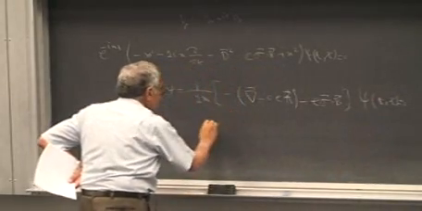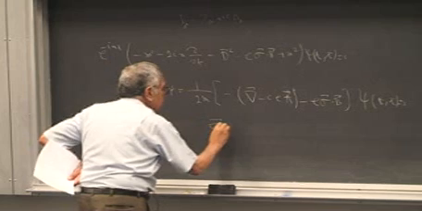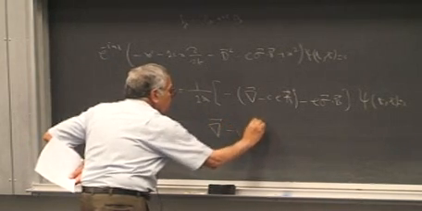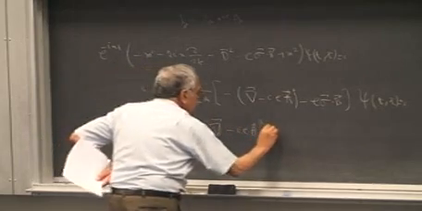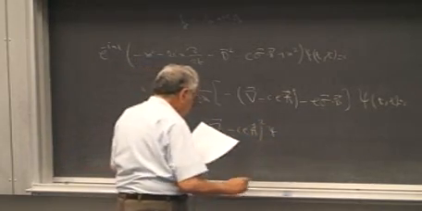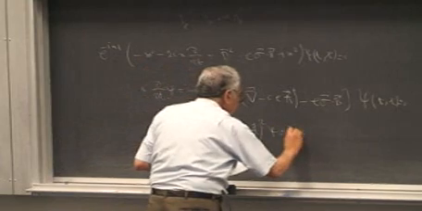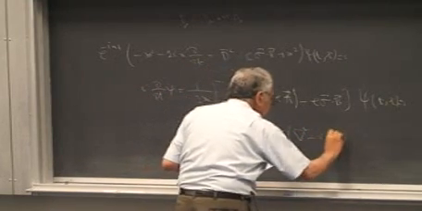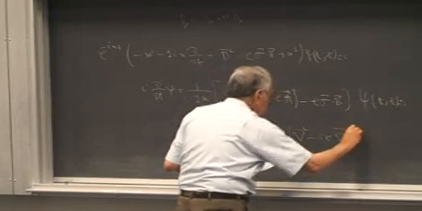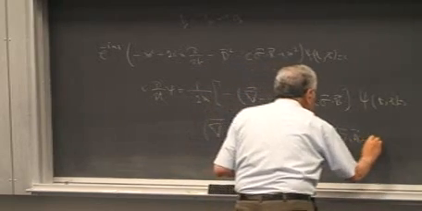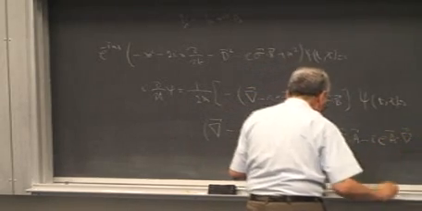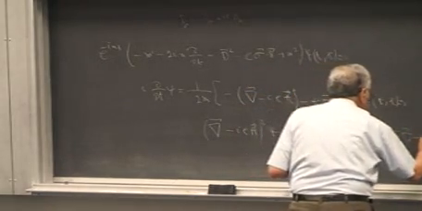Now this you can expand. Epsilon psi will give you del squared minus i e del dot A minus i e A dot del minus e squared A squared.